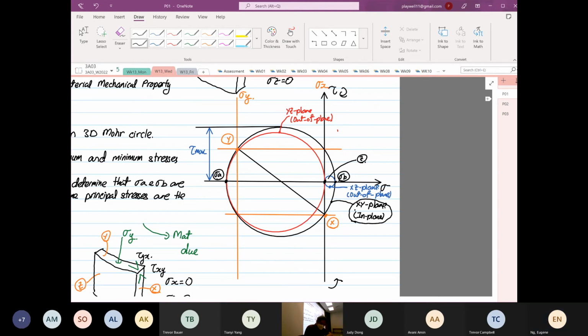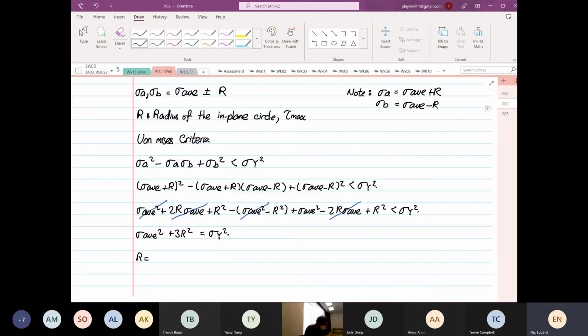So the radius of the circle will be the square root of our stress, then we have calculated stress average squared.